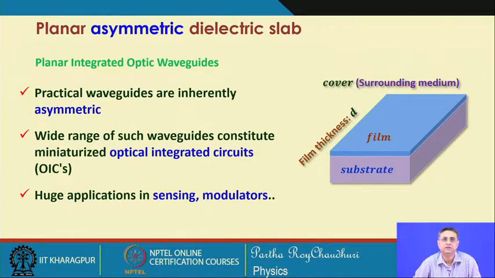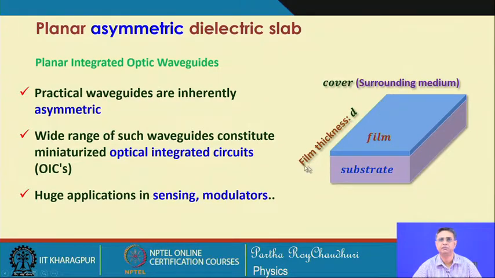We will see that in planar integrated optical waveguides and optical circuits, most of the practical waveguides are inherently asymmetric, because even with computer controlled systems and all the advanced fabrication technology, the waveguides are usually to some extent asymmetric.